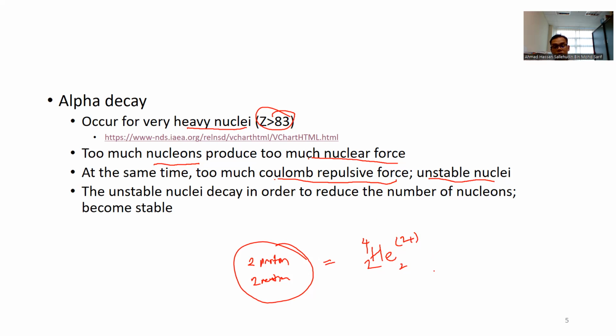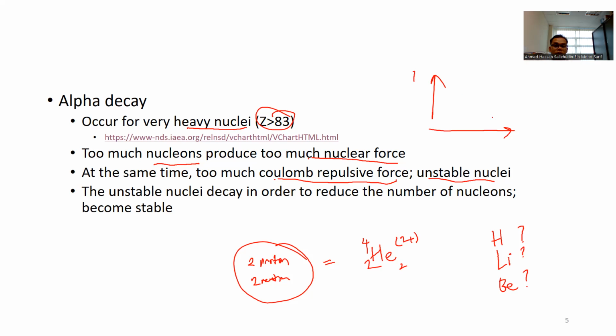So why not hydrogen? Why not lithium? Why not beryllium? The answer lies inside the binding energy per nucleon curve.